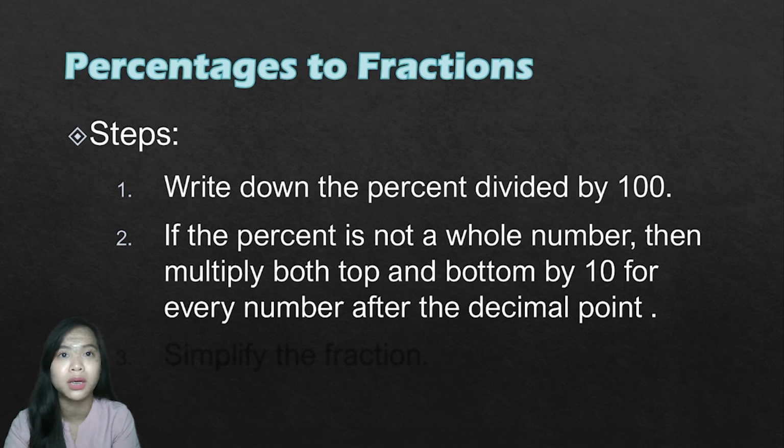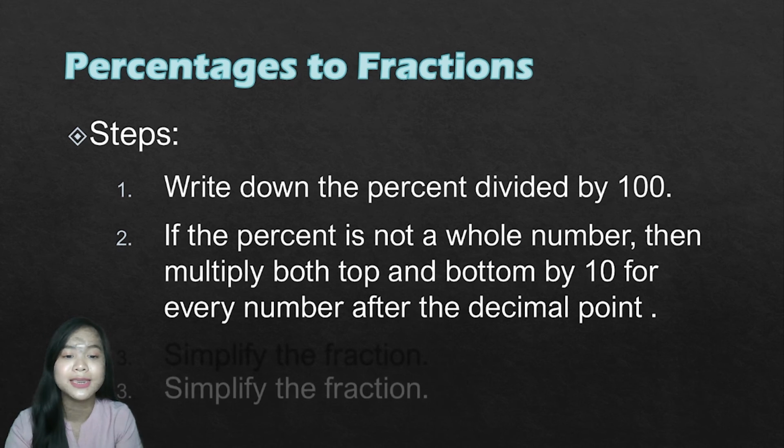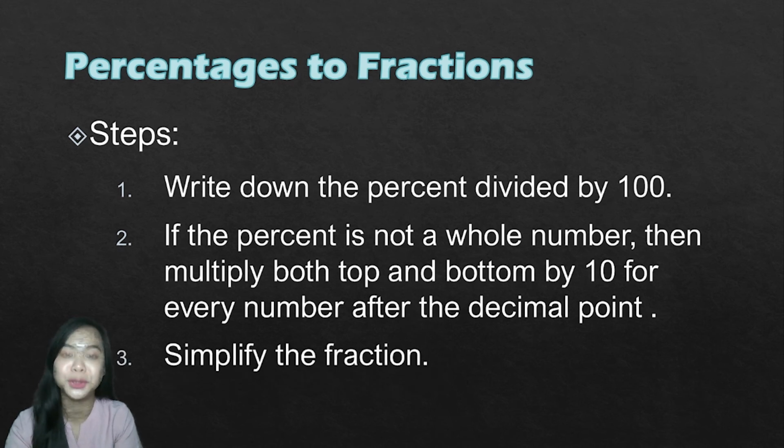So it can be 100 if you have 2 decimals. We'll have an example later for you to understand it further. And last step, we need to simplify, of course, the fraction.